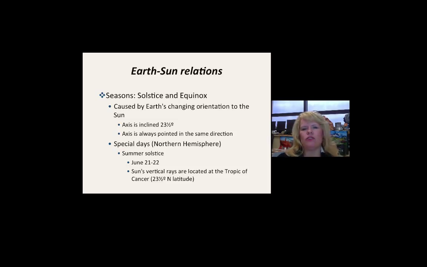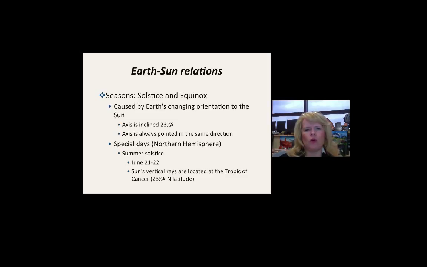Now, what is solstice versus equinox? These are caused by the Earth's changing orientation to the sun. Our current axis is inclined at 23.5 degrees. The axis is always pointed in the same direction. And there are several days of the year that are special in terms of the Earth and Sun relationship. One is summer solstice, which is usually either on June 21st or 22nd.